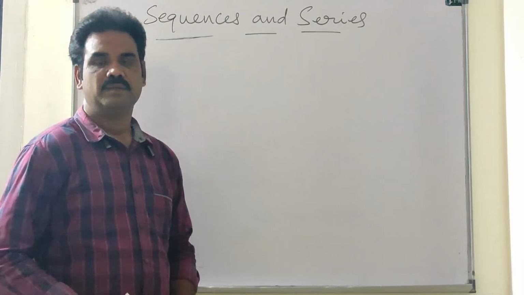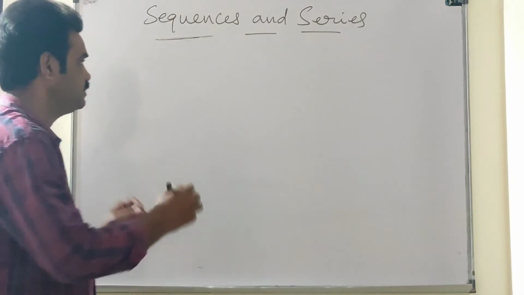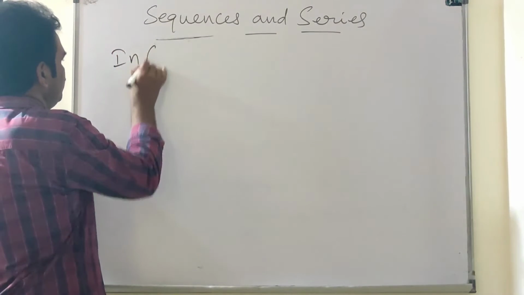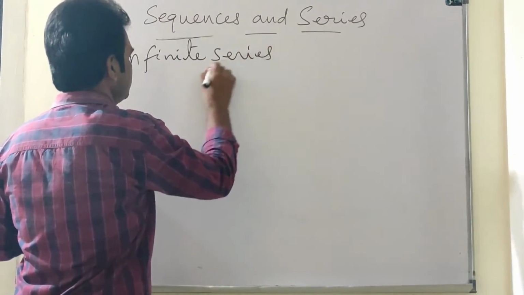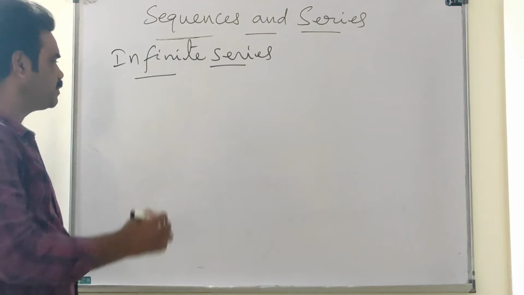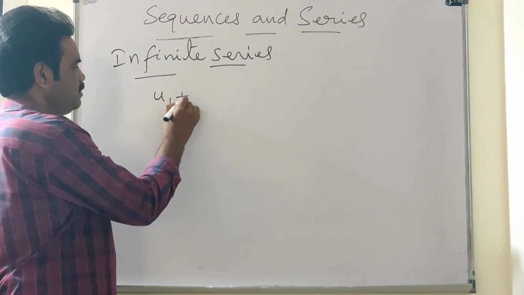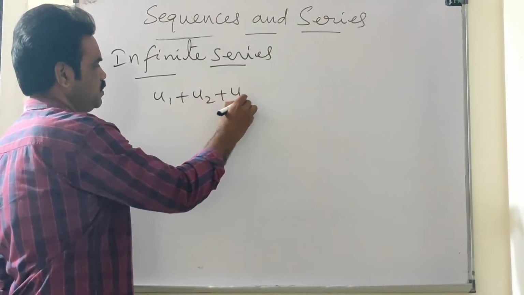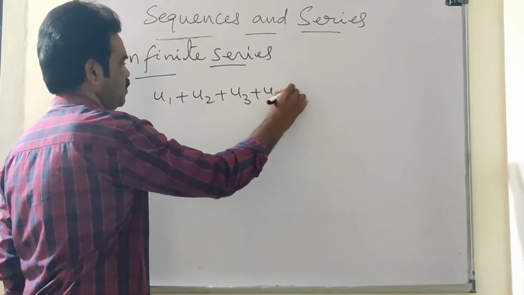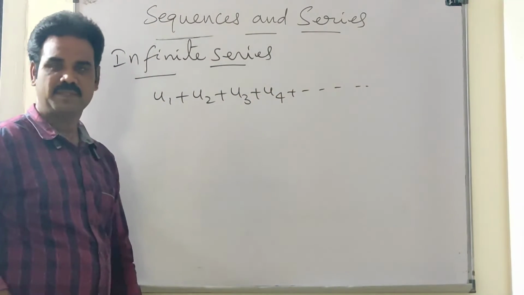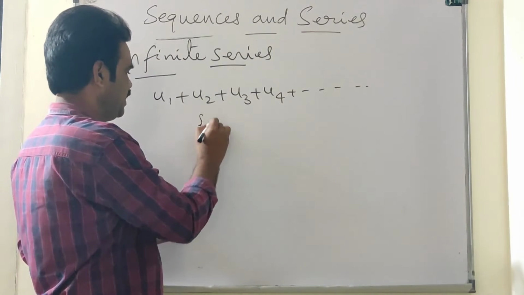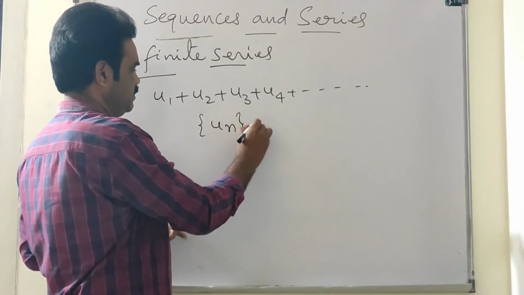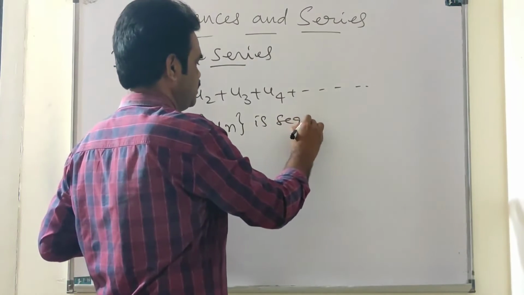Okay. Next, infinite series. An expression of the form u1 plus u2 plus u3 plus u4 plus and so on is called an infinite series, where un is a sequence of real numbers.